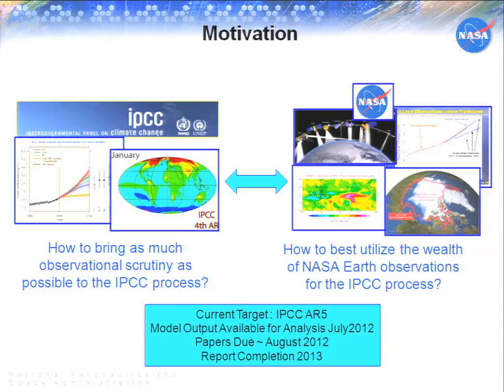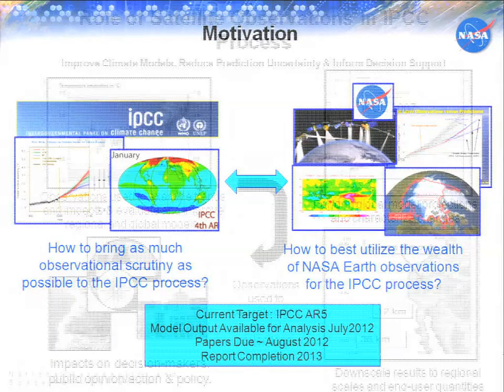So the IPCC is the international program that produces the climate assessment for the United Nations. And on the right-hand side is what we are building. We bring in all the NASA data, specifically tailored, formatted and staged for their analysis use.